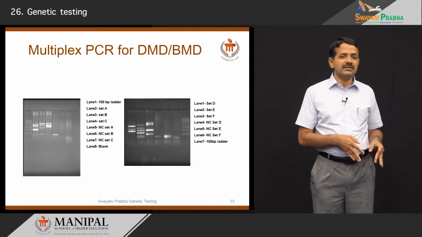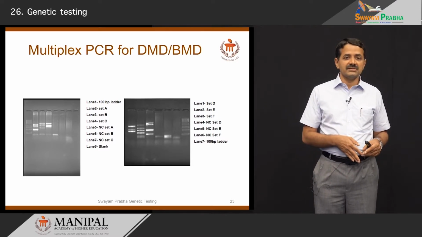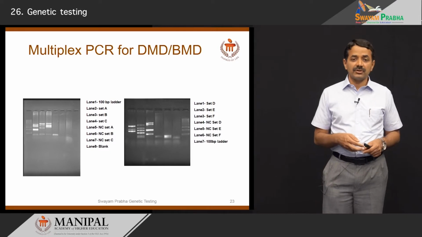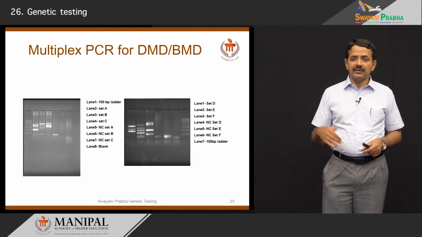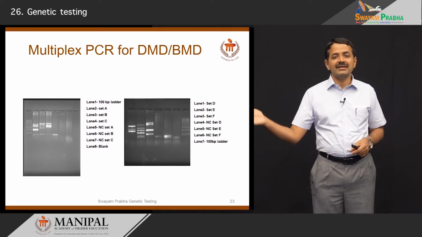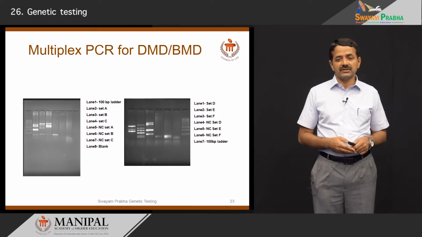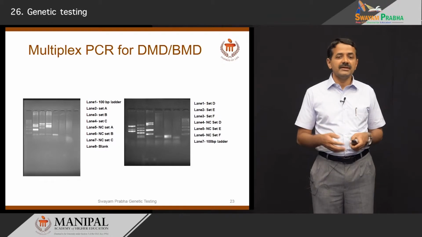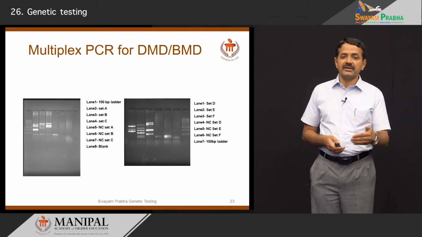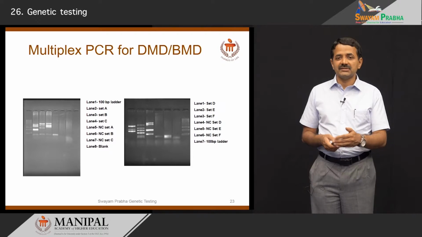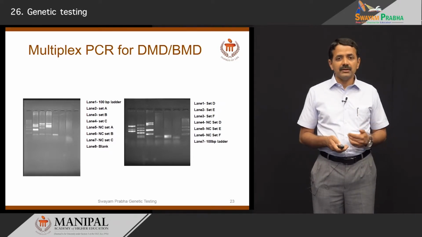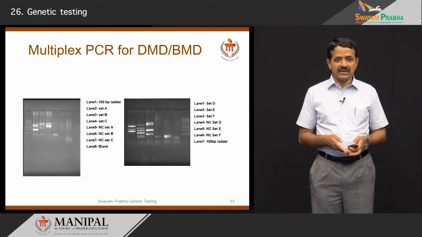The most common deletions can be detected by something called multiplex PCR, where we amplify several segments in the region of 2 hotspots in the dystrophin gene, DMD gene, and then we interpret whether the particular band is present or absent, suggesting deletion of a particular region of the DMD.